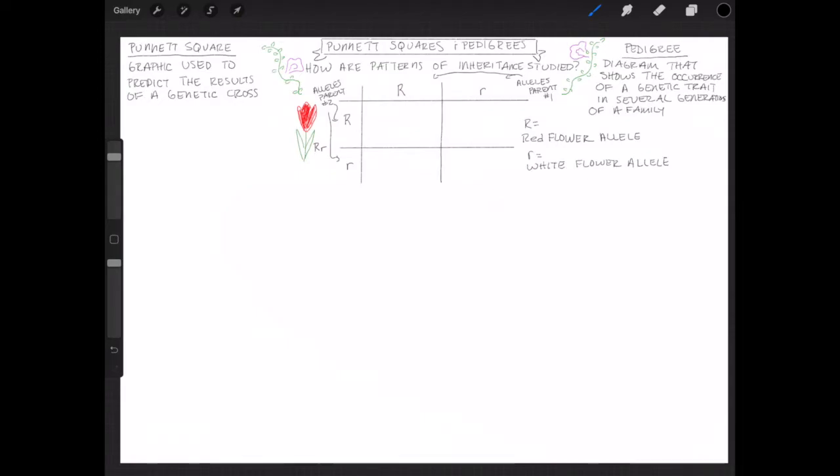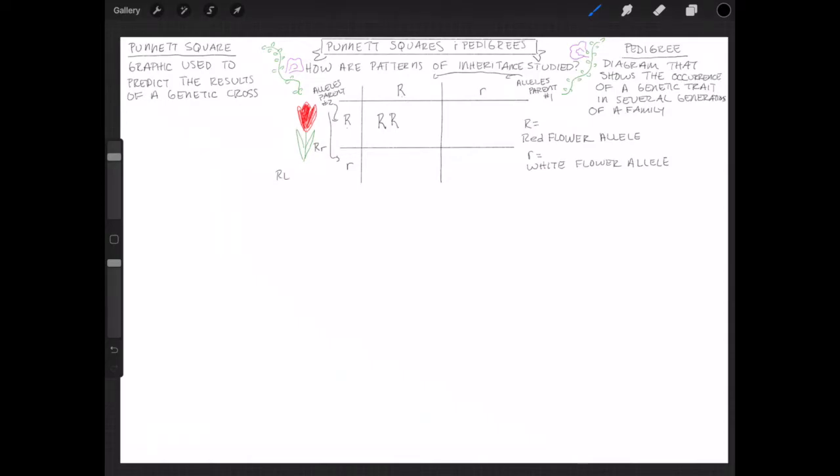Now, Punnett squares are predicting the likelihood of this happening. So in this column, we have 2 big R's. So for sure, this is going to be a red flower.